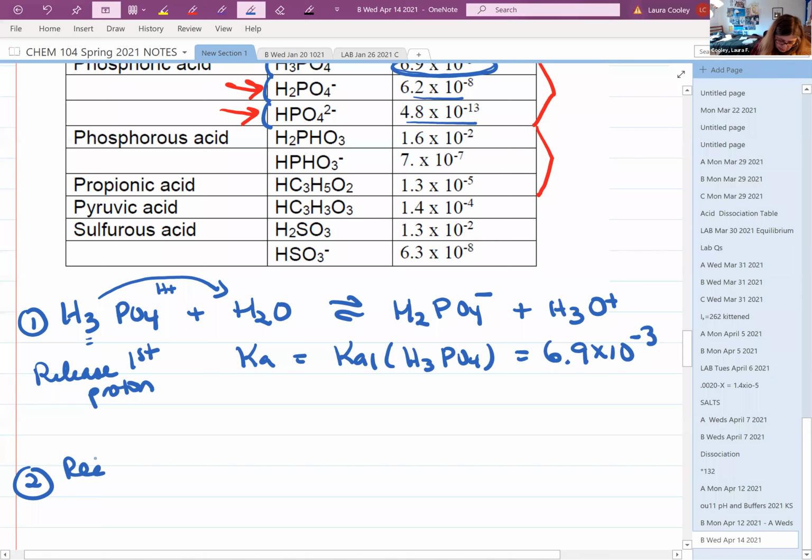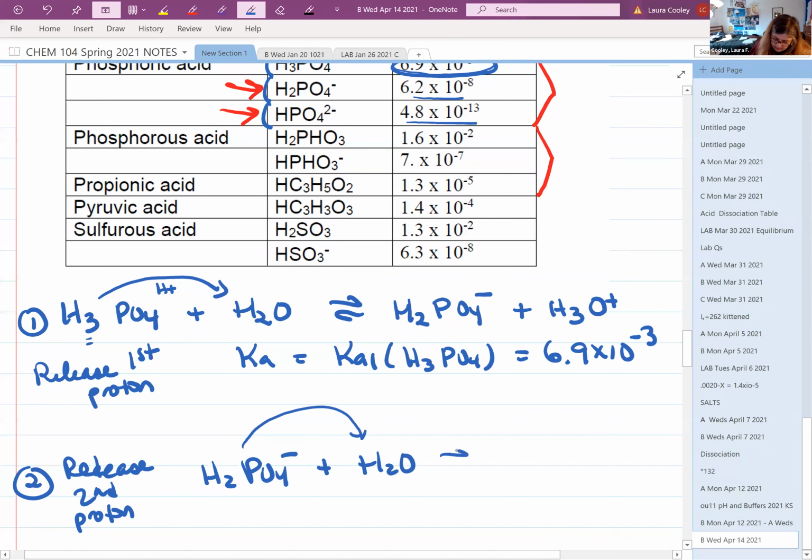But you can also release a second proton. So you would start with H2PO4 minus, donate a proton, and now you're removing a hydrogen. So instead of H2, you have H, you still have the PO4, and now you have a -2 because you've taken away another proton. But look what happens to the Ka.